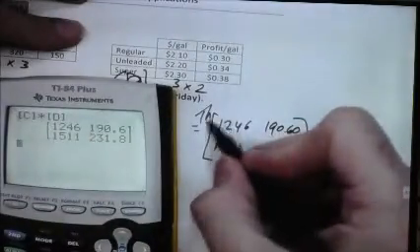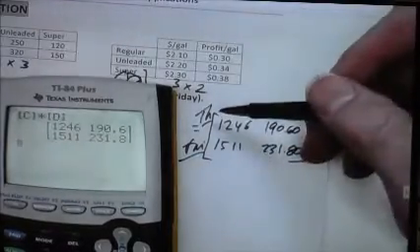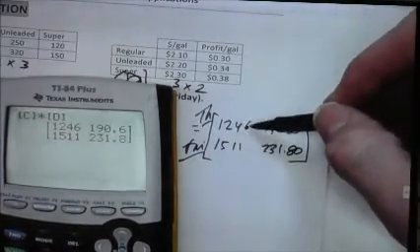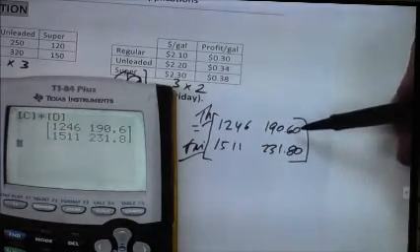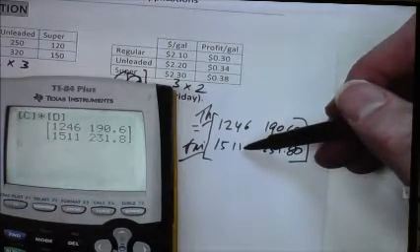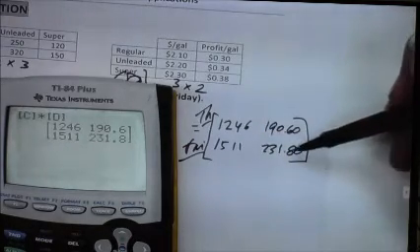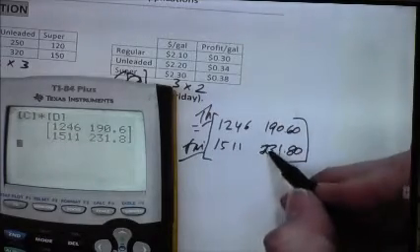So this is Thursday and this is Friday. What this is telling us is on Thursday, they sold $1,246 of gas and made $190.60 profit. And on Friday, they sold $1,511 worth of gas and made $231.80 profit.